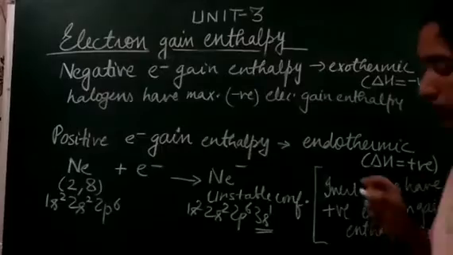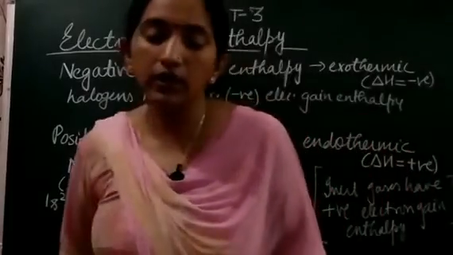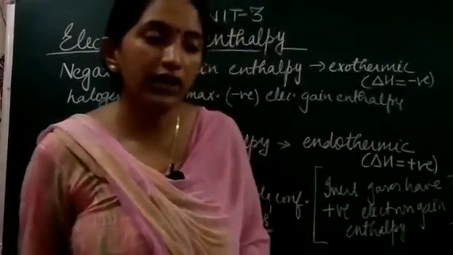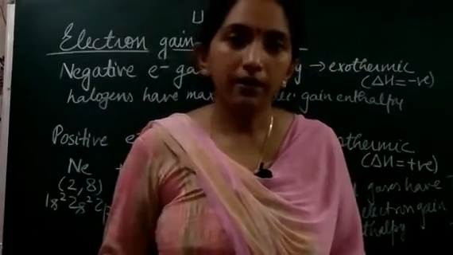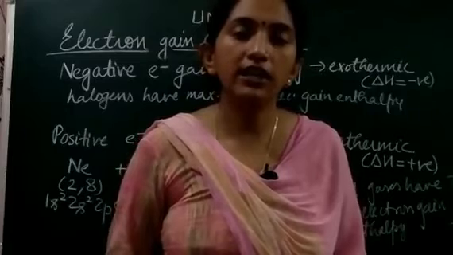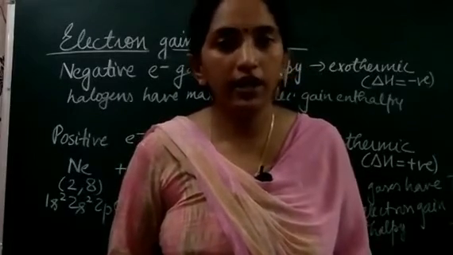Right, students? So what can we conclude here? That the tendency of an atom to accept an electron will determine whether the electron gain enthalpy will be positive or negative.